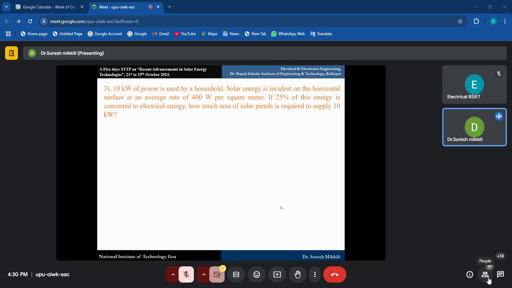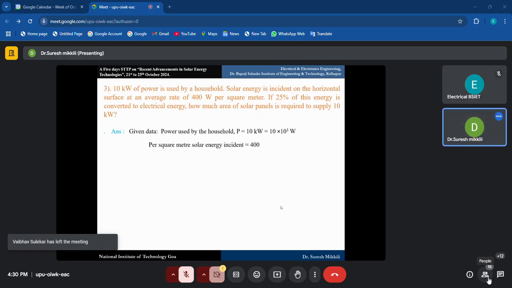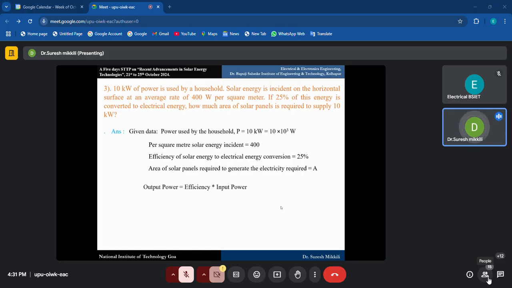So how much area should your panel have, or how much surface is required on your rooftop? Can you tell me? Output power required is 10 kilowatt, irradiance is 400 watt per meter square, efficiency is 25%. So how do you calculate the area? Output power equals efficiency into input power, or efficiency equals output power by input power. So how much area will be required?